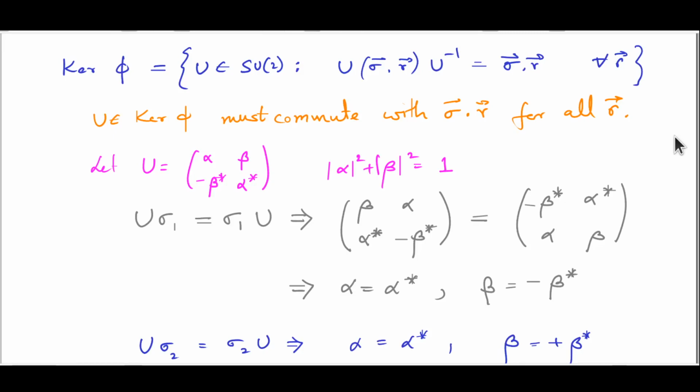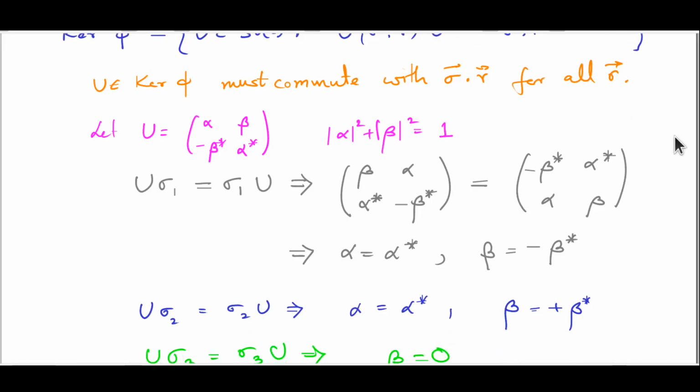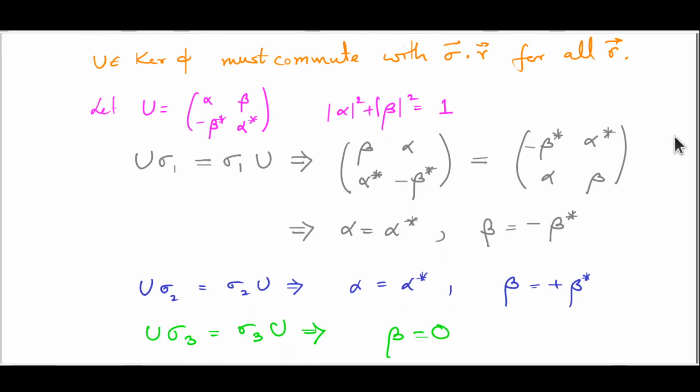So u sigma 2 equal to sigma 2 u, by a very similar calculation, which I am not showing the details of here but is pretty straightforward to work out, will immediately show that you get alpha equal to alpha star once again, but for beta you get plus beta star. So beta should be purely imaginary according to the previous commutation relation, but it has to be purely real according to this one, and the only number which obeys both, of course, is 0.